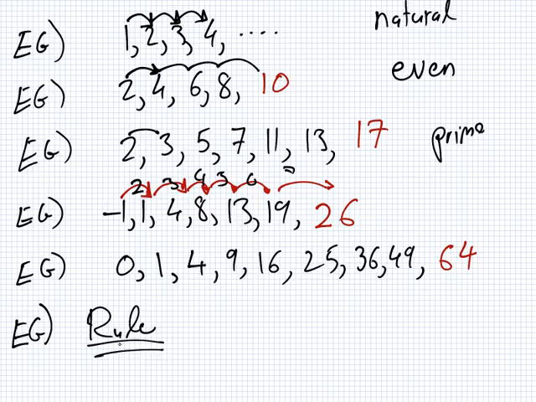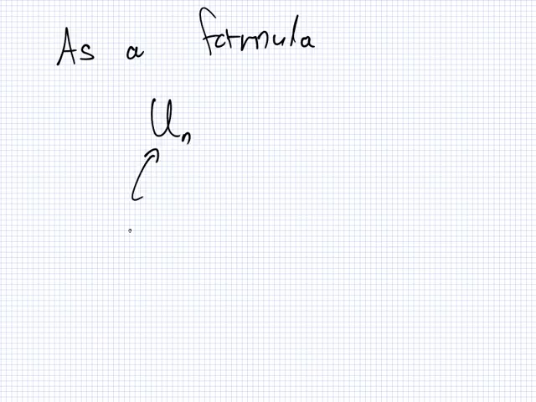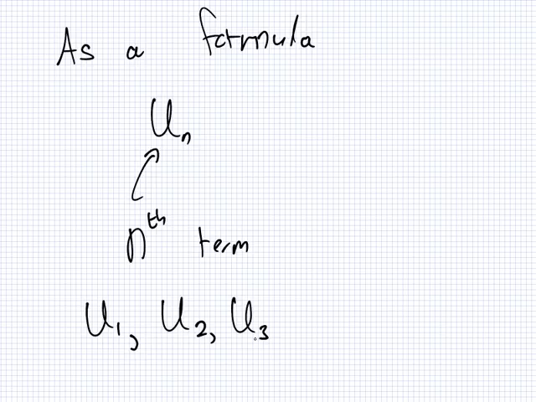Okay. So, often though, it's more convenient to give sequences as formulas. So this is how we write the sequence as a formula. So Un represents the nth term. So for example, U1 represents the first term, U2 second, U3 third. And you can write these as formulas. Like for example, if I said 1 plus 2n, what would be the first term?